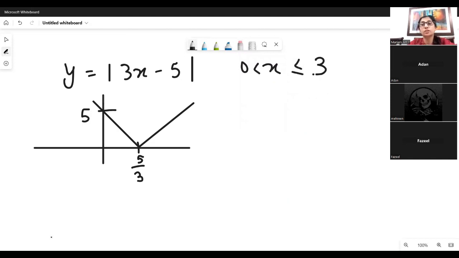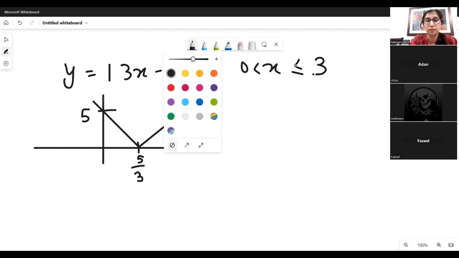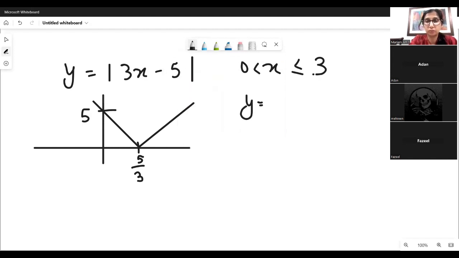So you have to sketch the graph between this region only. At 0 we know the value is 5, and after that we have to plot up to 3. So you have to find the value of the graph when x is 3 as well. Let's see: y equals modulus 3 times 3 minus 5, which is 9 minus 5, which is 4.